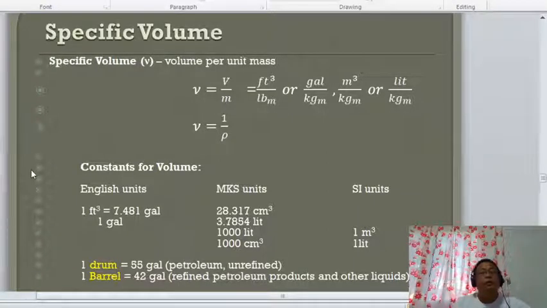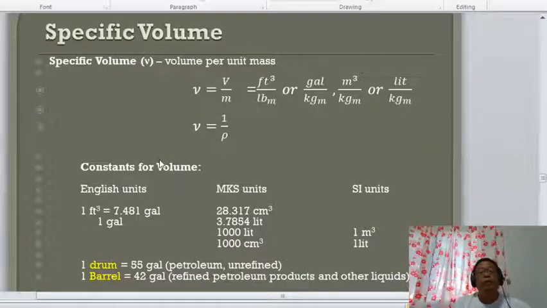In English, we have 1 cubic foot equals 7.481 gallons. And in MKS, 1 cubic foot is 28.317 liters, and 1 gallon is 3.785 liters.